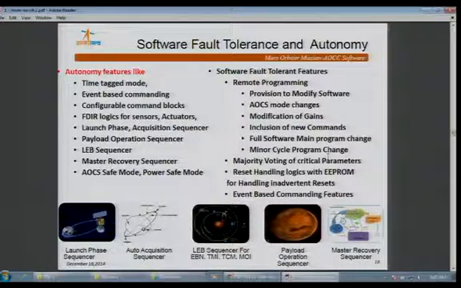Other question. I'm curious how much software and vehicle level state you're saving off to handle reinitialization for a reset, how much autonomy there is, or if it's just kind of coming up in safe mode and the operators have to handle the reinitialization.